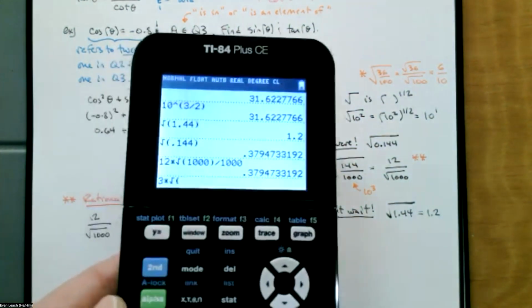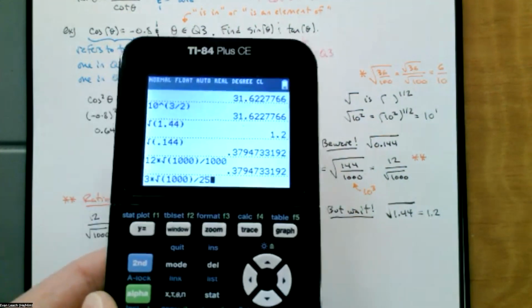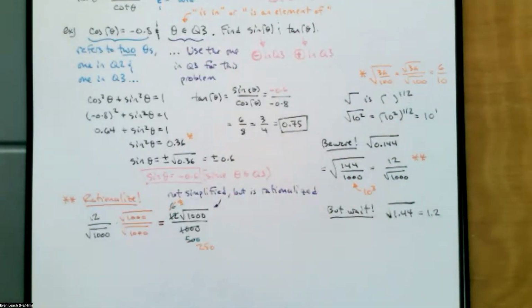3 times the square root of 1,000 divided by 250. Good, it's the same.